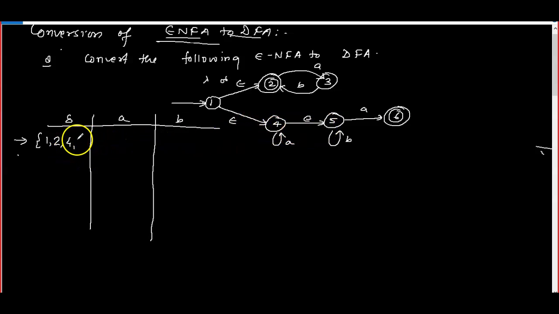So all of these are in the start state. We cannot go to 3 without taking input A, and A is not epsilon here, so we cannot write 3. If epsilon were not given and B were given instead, I should not write 2; at that time only 1, 4 and 5 would be there. Only if epsilon is there can you consider it part of the start state.